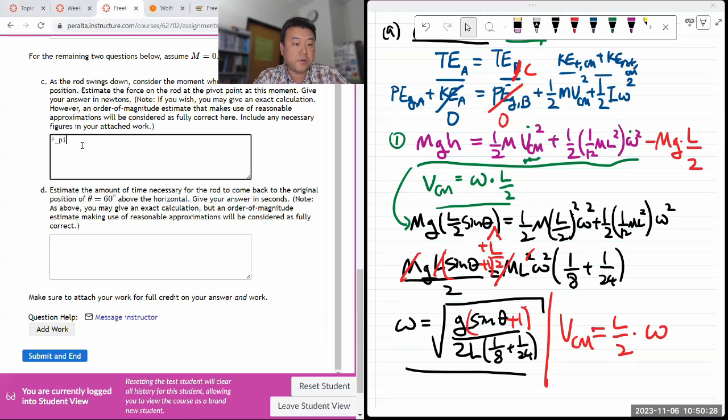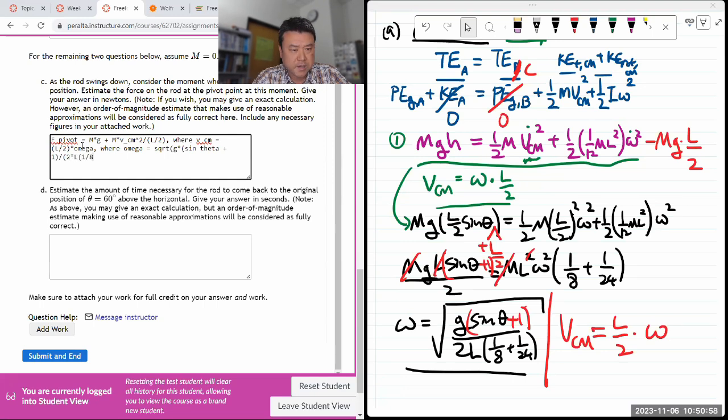The F pivot is equal to m times g plus m times v center of mass squared over L over 2, where v center of mass is equal to L over 2 times omega, where omega is equal to square root of g times sine theta plus 1 divided by 2 times.